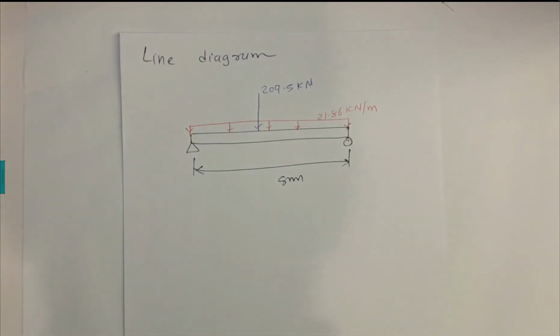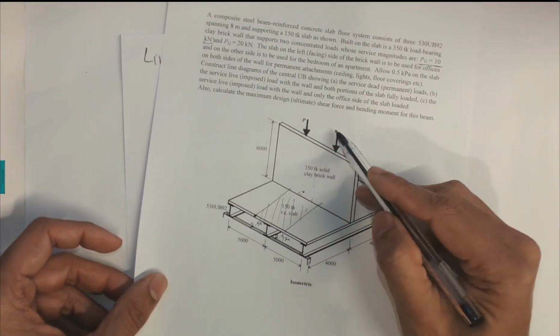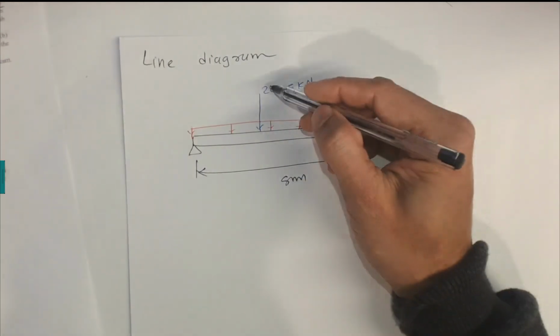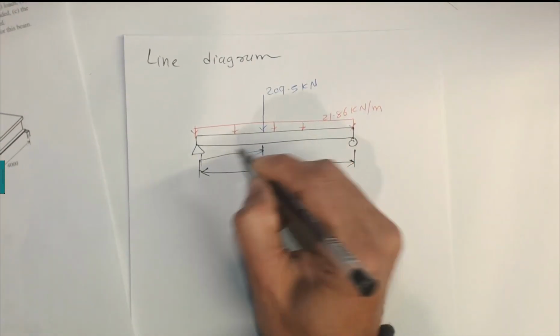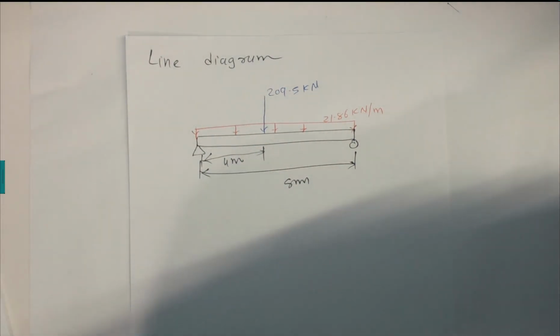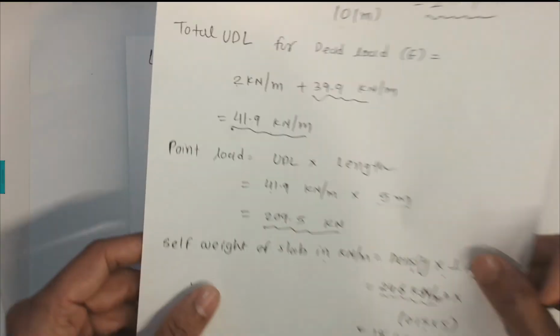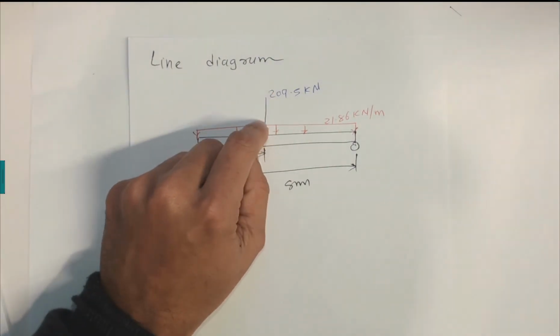And this brick wall and this concentric load will create this point load, which is 209.5. It is pointing at the 4 meters. And that we calculated in the previous step, which is 209.5 kilonewtons point load.